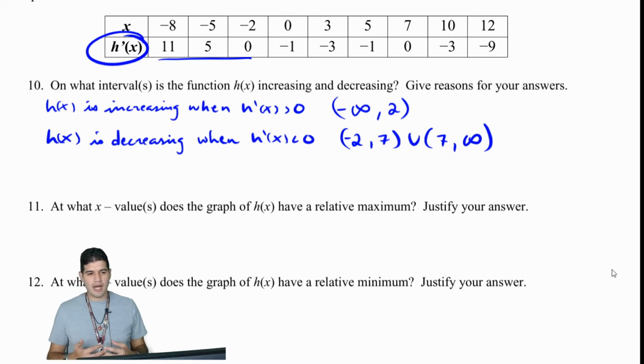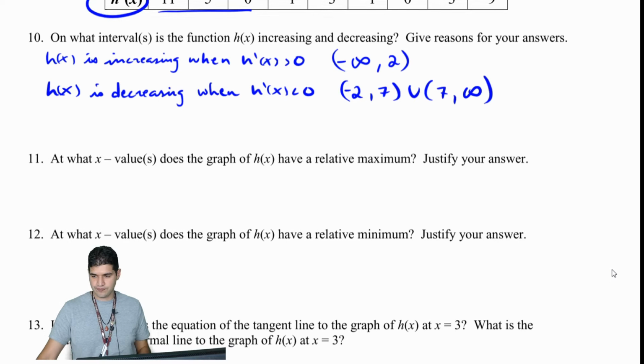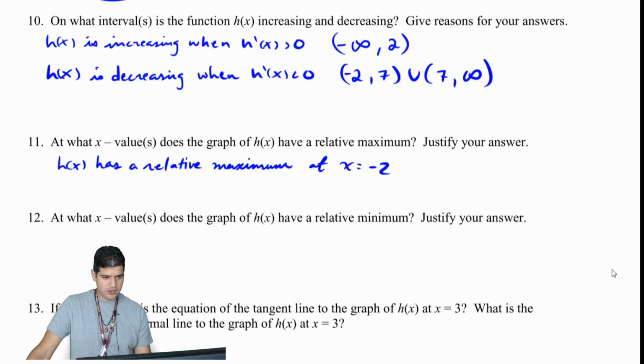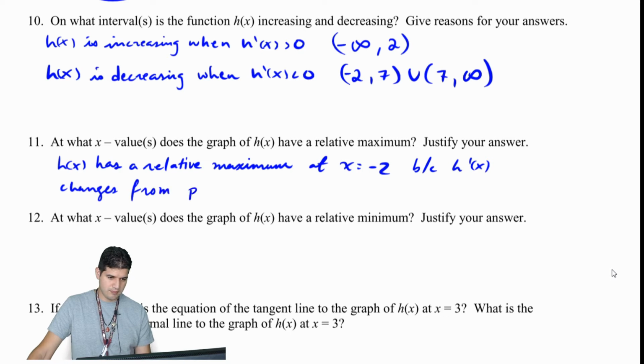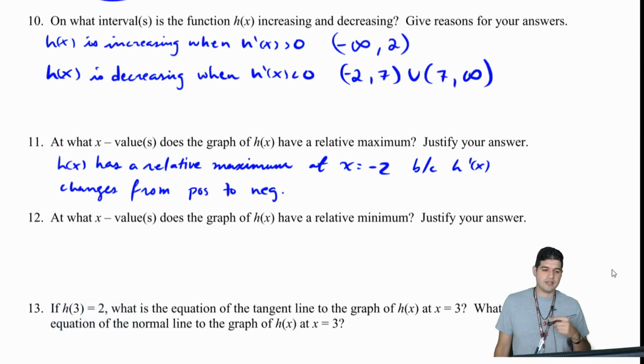In my graph, I'm going from positive to negative when x equals -2. And that's going to be my reasoning. So we'll say h of x has a relative maximum at x equals -2 because h prime of x changes from positive to negative.